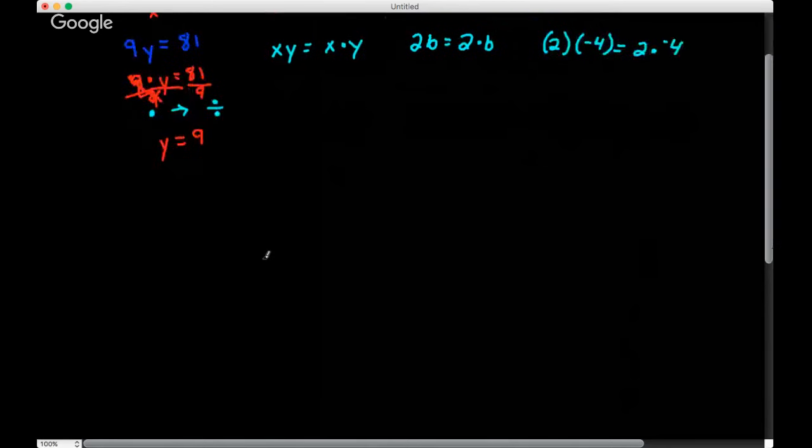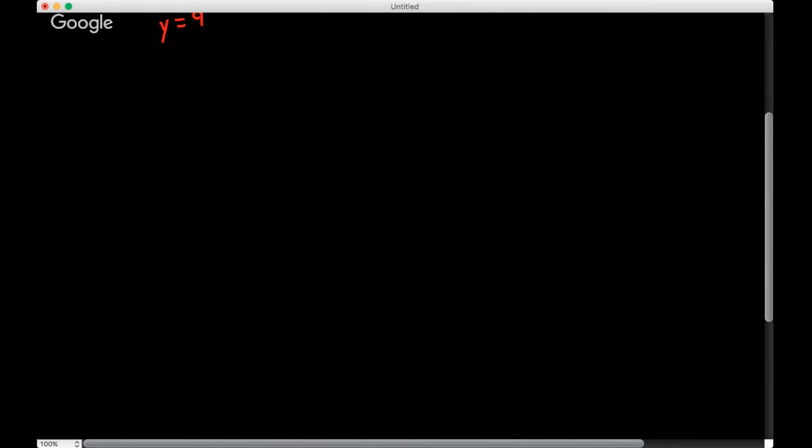Another place where you guys tend to get stuck is if you have something like y over -2 equals +8.